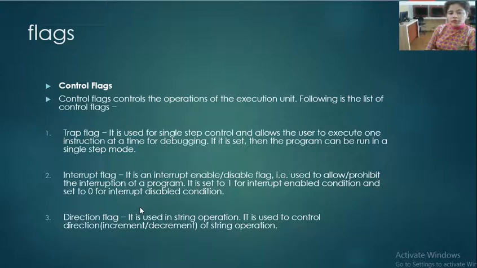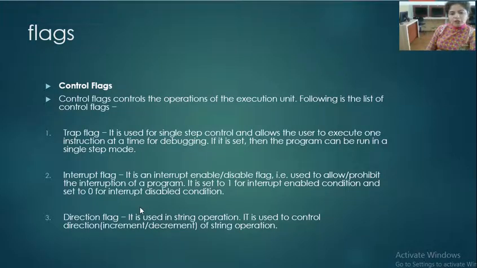If we set the interrupt flag to 0, it will disable all the interrupts. At that time, no interrupt will occur. And if we want interrupts to occur, we can set it to 1, and that will set the mode to interrupt enable. So interrupt flag is used to enable and disable the interrupts.